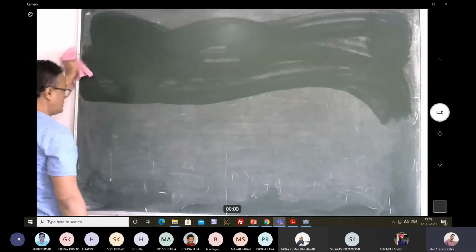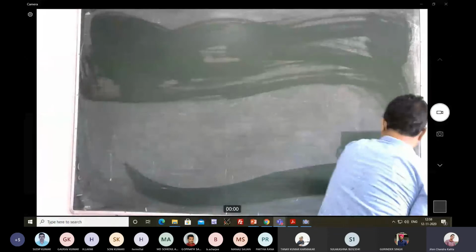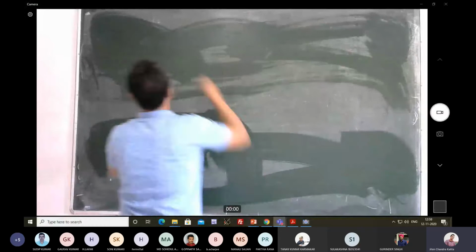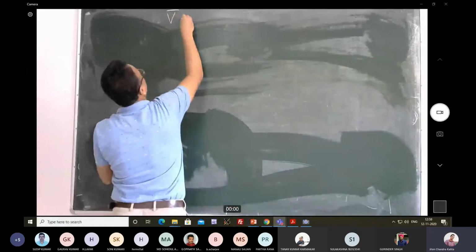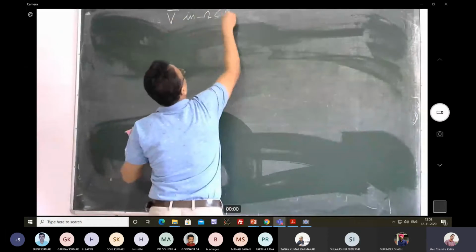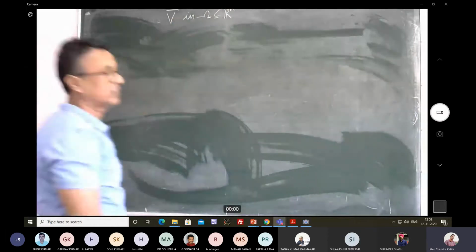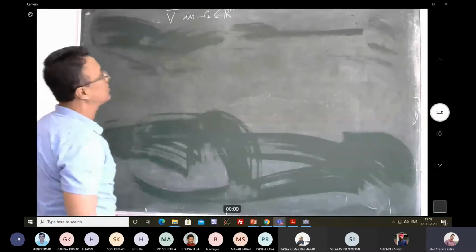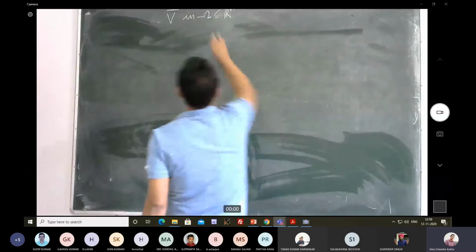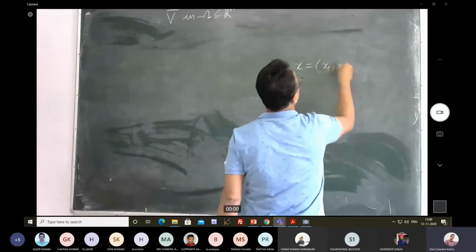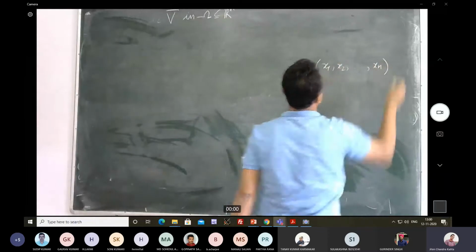Okay, so now let me consider a vector field V in some region omega in Rn. Okay, fine. So now a point in omega is going to look like this, right?